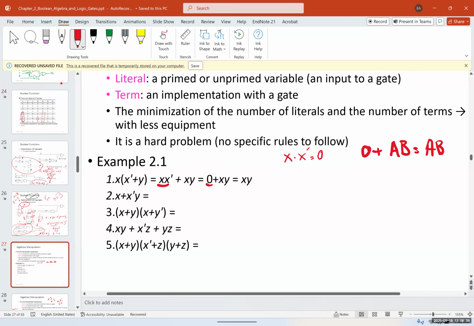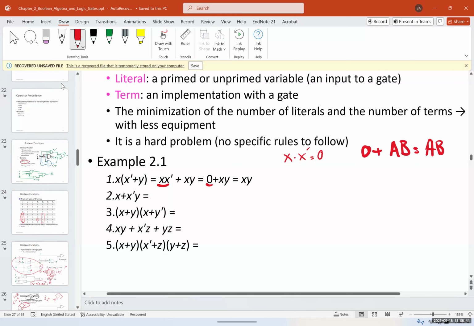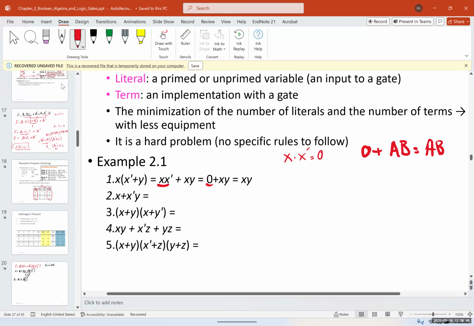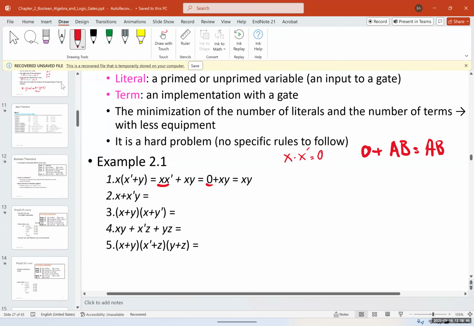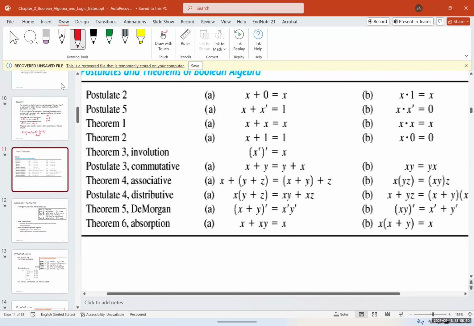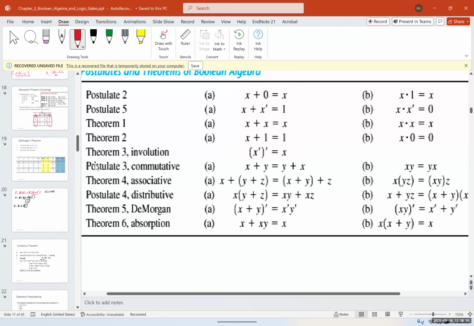Now for the second one, I want you to solve the second one. Again, you can use, let me copy this. This is very important. And put it here.